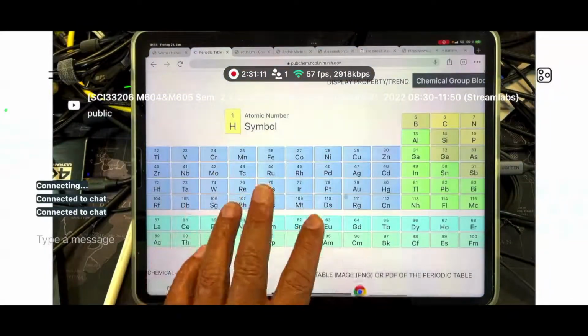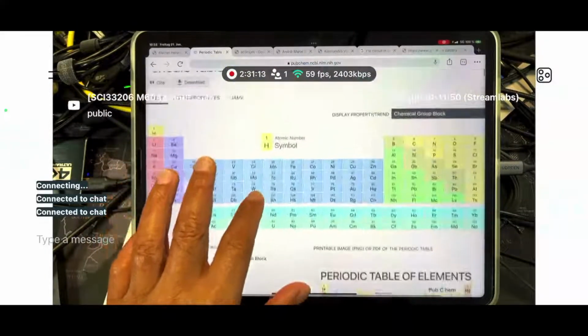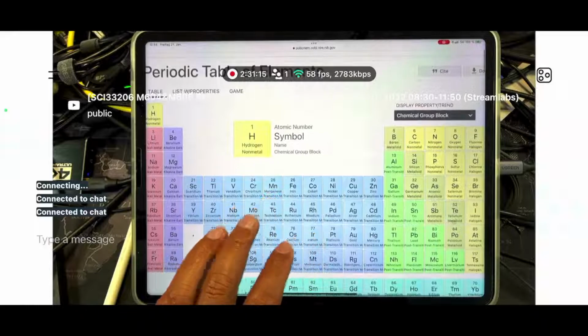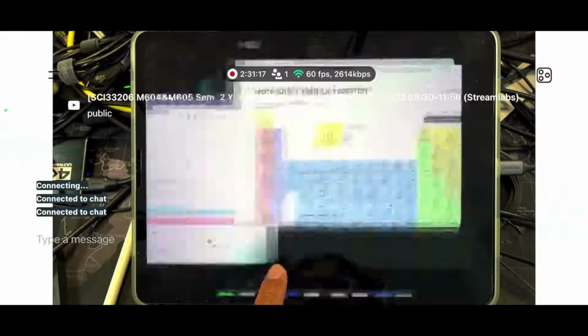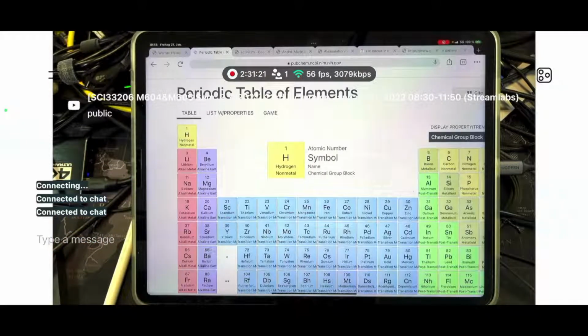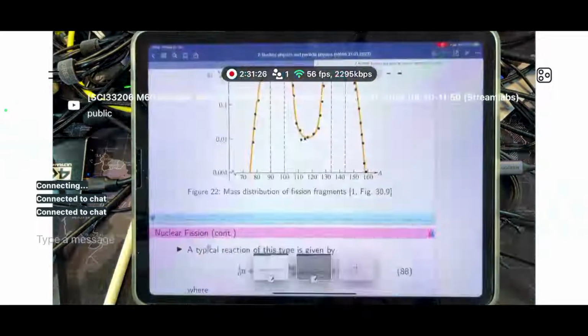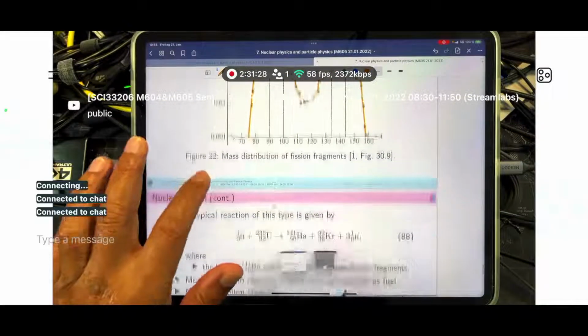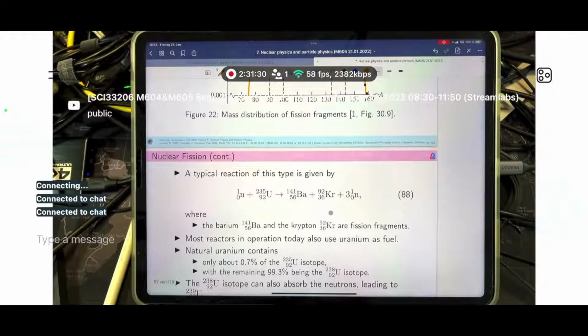Where is that? 56. No, 56 is here. Sorry for that, 56 barium is here. And we got a second daughter nucleus, which is krypton.